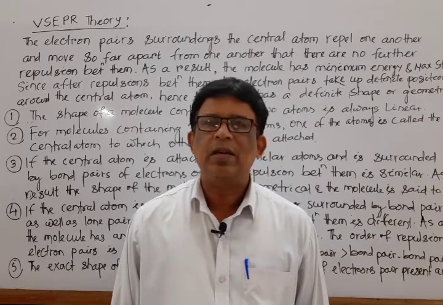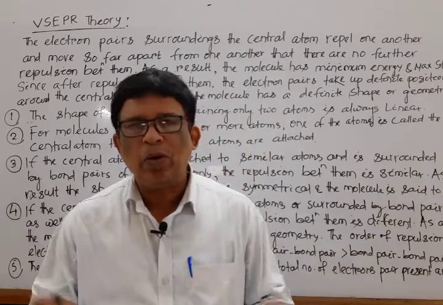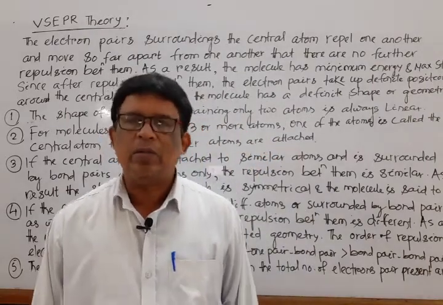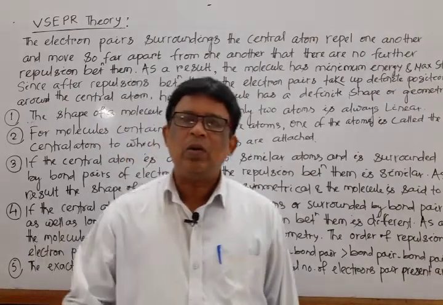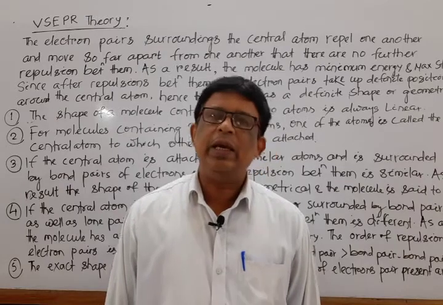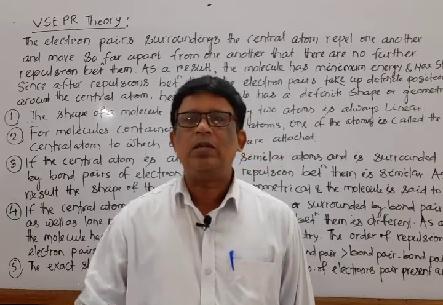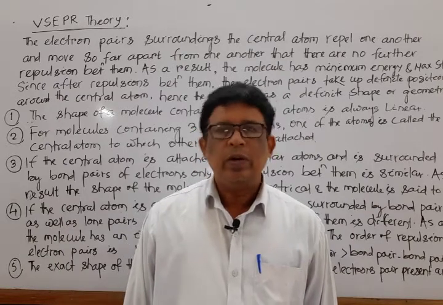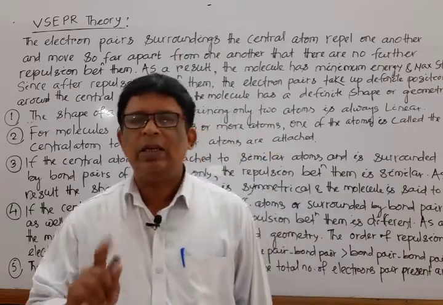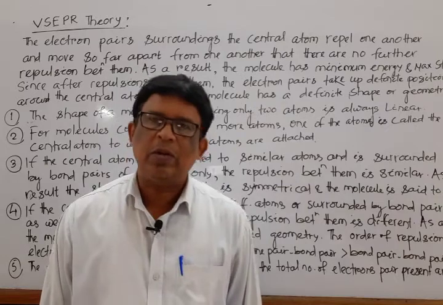That means when an atom approaches another atom, resulting in the formation of a molecule, the electrons, being of similar charge, repel each other. We know energy and stability are inversely proportional.